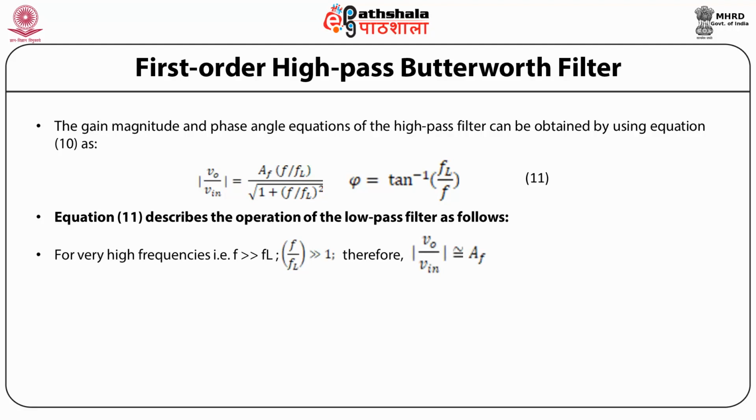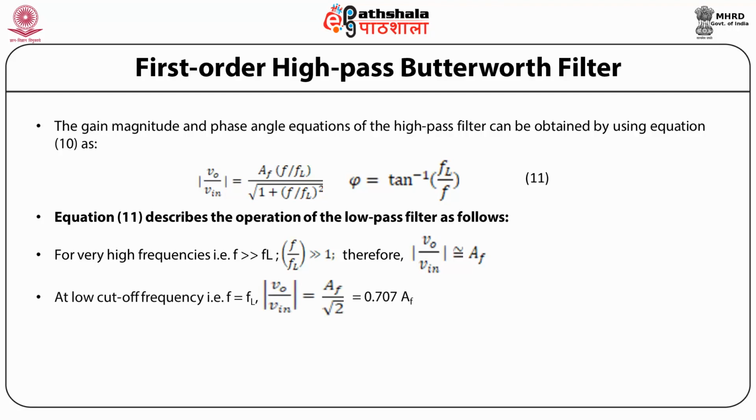First, for very high frequencies, that is F much greater than FL, the ratio F by FL is much greater than 1. Therefore, modulus V naught by Vn can be simply approximated to be equal to AF.